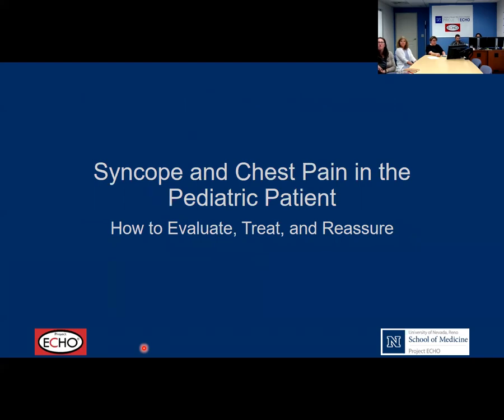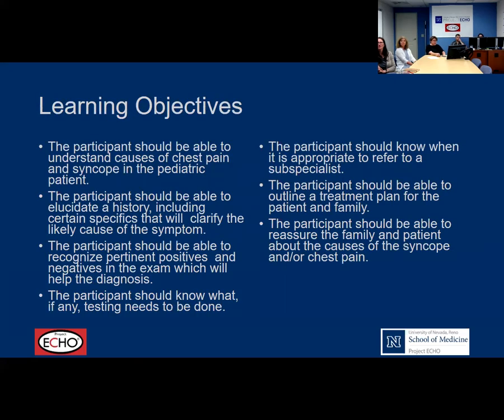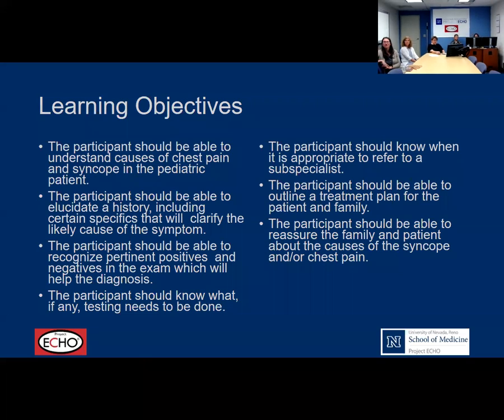As I said, I'm going to try to let you know about how to evaluate and treat, and I think the most important thing with this diagnosis is to reassure the patient and the family. There are no conflicts of interest. The learning objectives: I want people to understand what the most common causes of chest pain and syncope are in this population. I want you to know what history points are very important to inquire about.